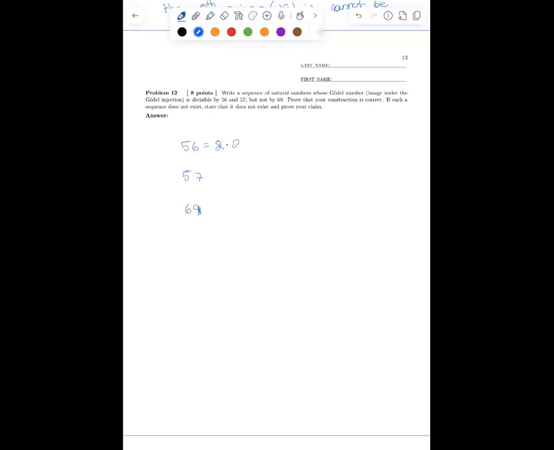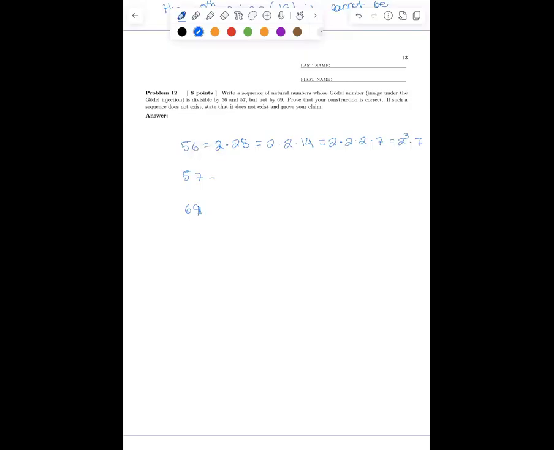So 2 times 28. But I can analyze it more. I can still divide 28 by 2, and I get 2 times 14. My 14 will still be divisible by 2, so I use 2 times 2 times 2 times 7. And I can stop here because 7 is one of my prime numbers. So I will have 2 to the power of 3 times 7.